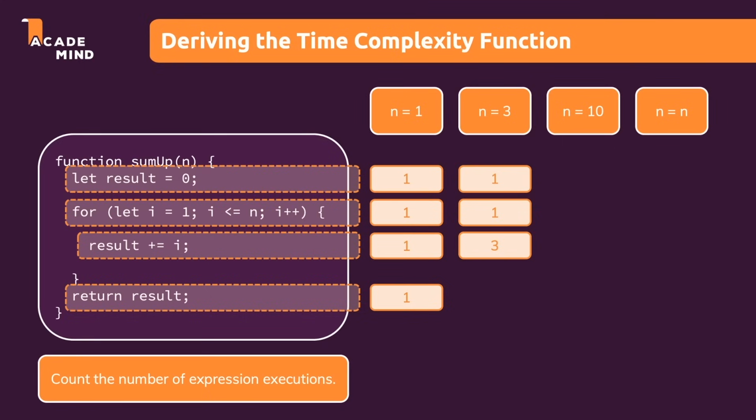So that's now a difference. And that last expression is still only executed once, of course, because once we're out of the loop, we execute that line, but thereafter the function is done, we don't run anything else.